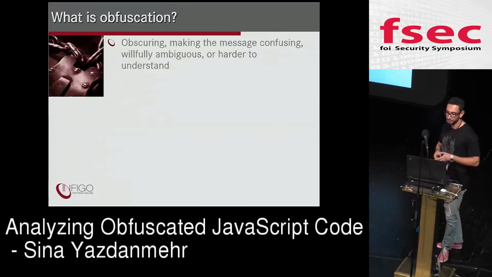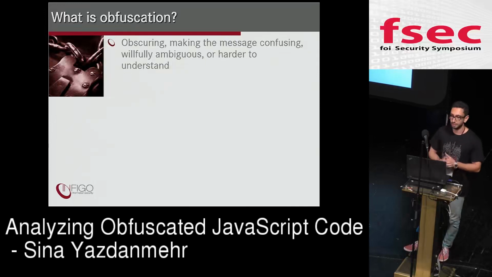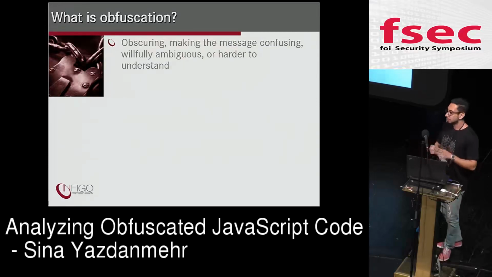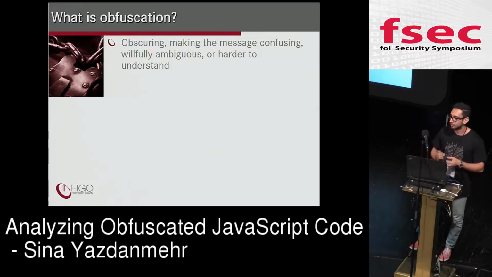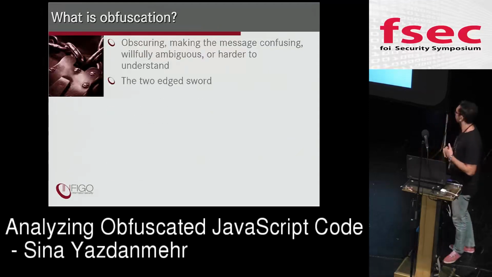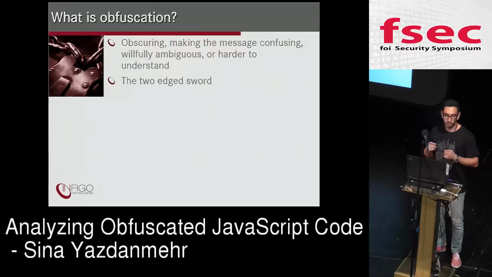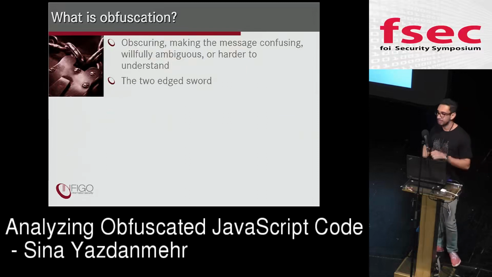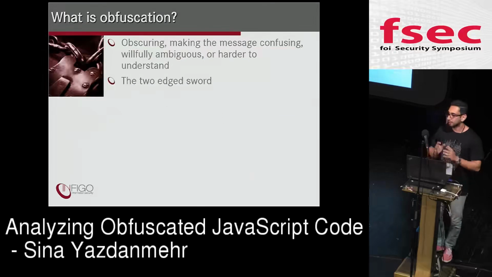In computer science, especially in programming, it means not allowing reverse engineering and preventing unauthorized access to an application's source code. We can say this technique is a two-edged sword. Why? Because it can bring us some benefits, but on the other hand, it has some disadvantages.